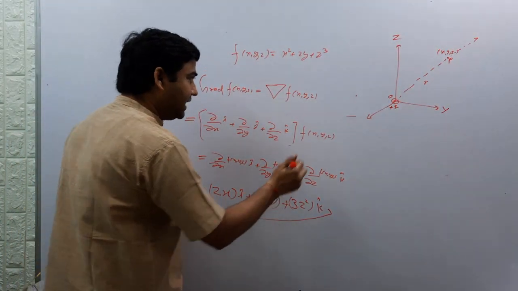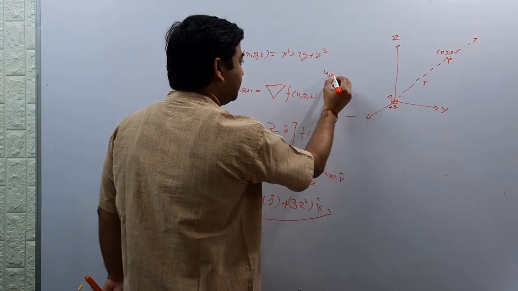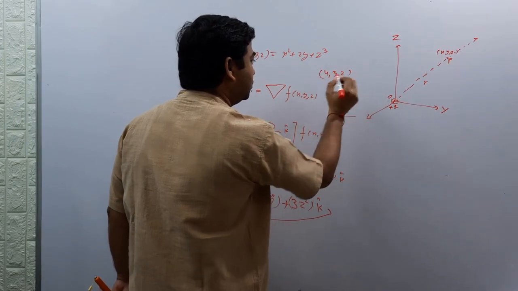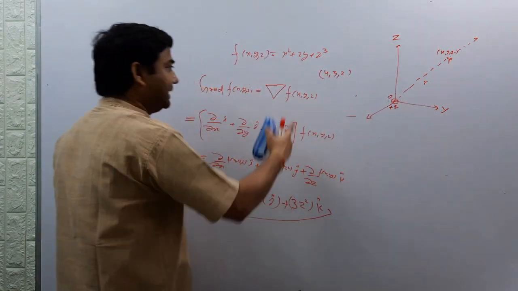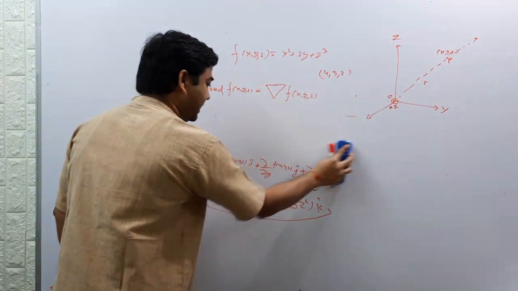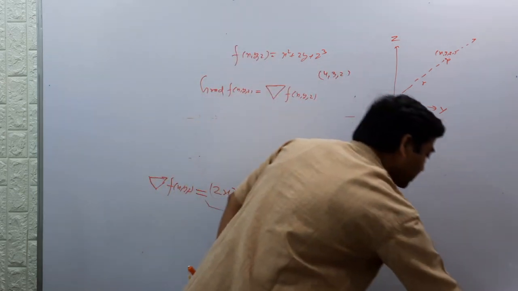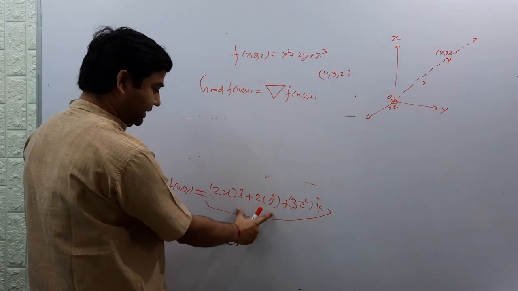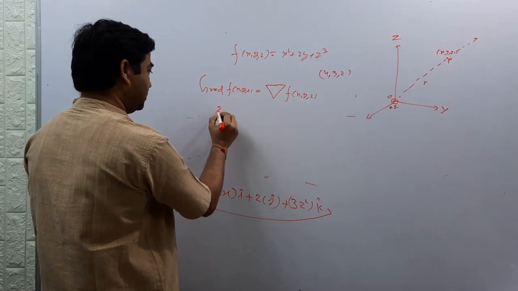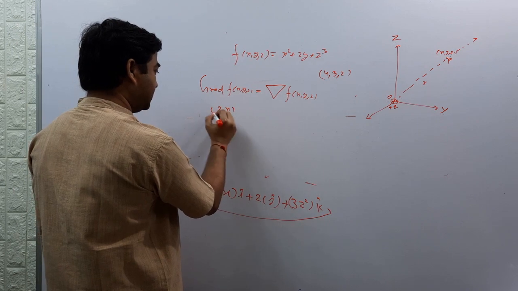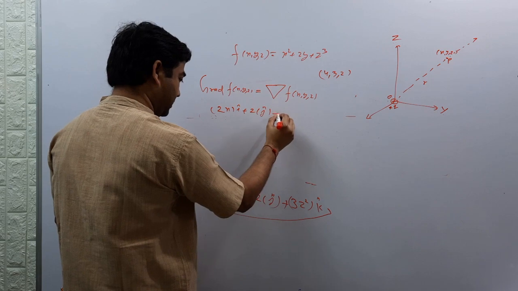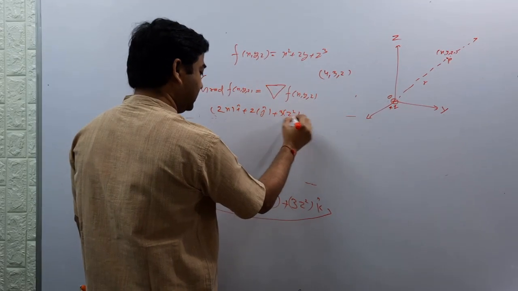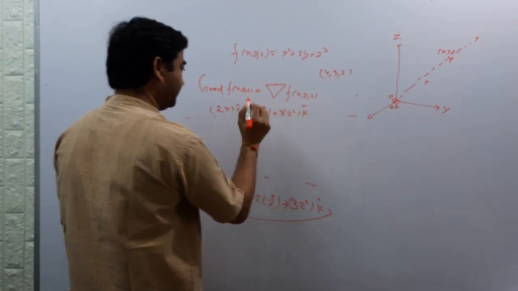So let's find at point 4, 3, 2. So we will find gradient at this point. So at general point, gradient is given by 2x i plus 2j plus 3z square k.